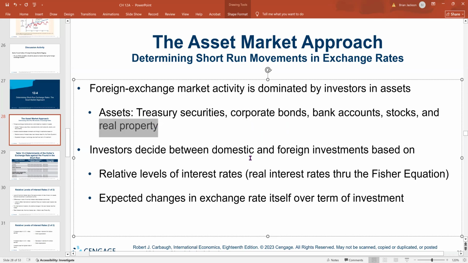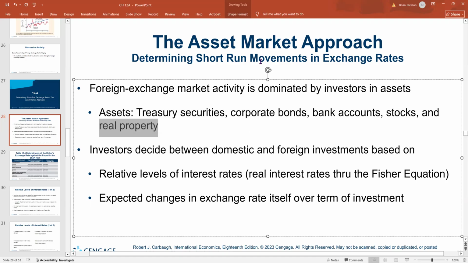Anything that, generally speaking, if you buy property in the United States, you're going to pay for it in dollars. Okay. And so if there's some reason why British citizens want to buy real property in the US, they want dollars. They'll supply pounds in the Forex markets to get dollars, and then they'll take those dollars and buy that building. So I just think these things through, if you will.